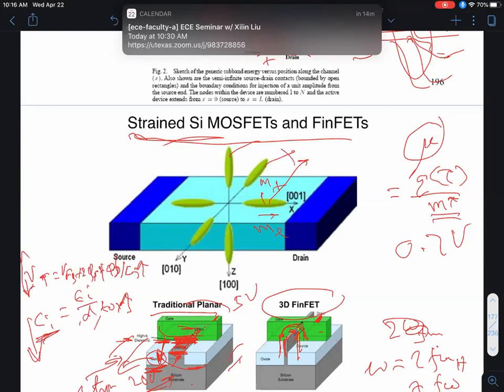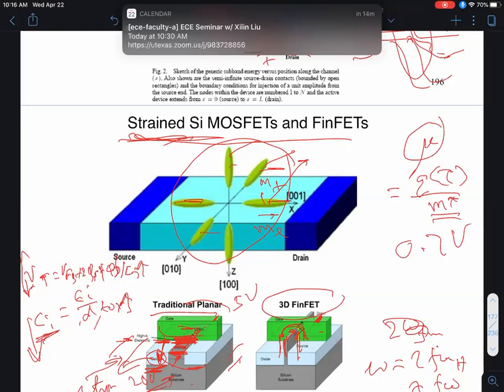It turns out in bulk silicon, you have 6 of these energy ellipsoids, and they're all equally occupied. But in a MOSFET, because of details of the electrostatics, only some of them are occupied. Then by applying mechanical strain to the crystal, you can break the symmetry of the cubic crystal, and basically you can have only those valleys with the lower transverse effective mass contribute to the transport.